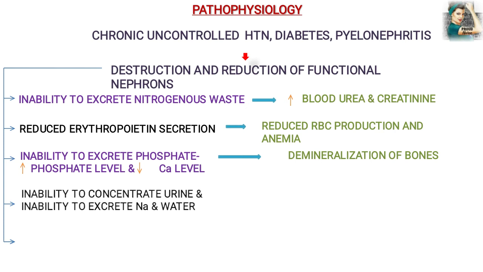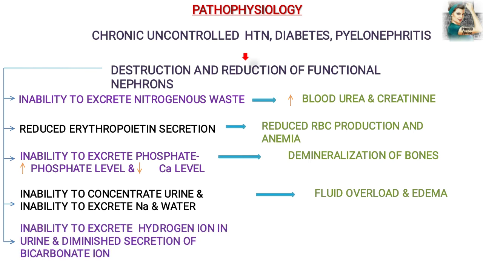Also, there is inability of the kidneys to concentrate urine and inability to excrete sodium and water. Now, this results in more and more retention of salt and water in our body, which ultimately results in fluid overload and edema. Edema is the abnormal accumulation of fluid and water in our soft tissues and interstitial spaces.